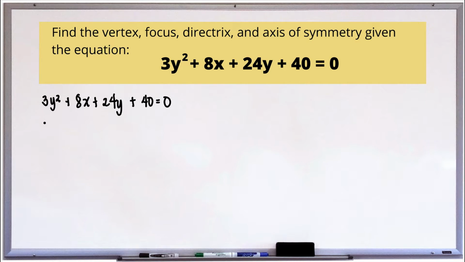Arrange the equation so that all the terms with variable y, the variable that is squared, is on the left side, while all other terms are on the right side. Before completing the square, make sure that the coefficient of y squared is 1.